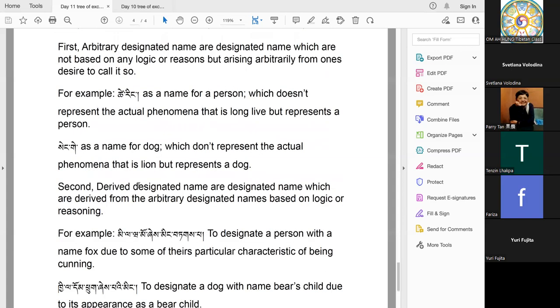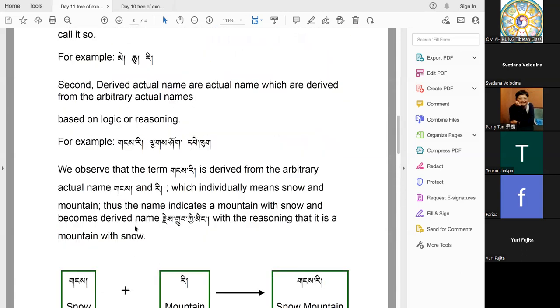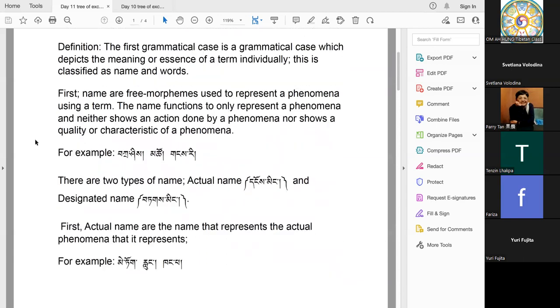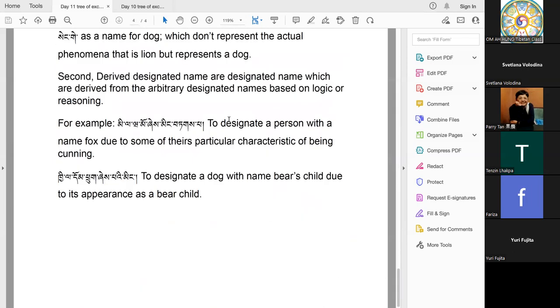Because this is my commitment, this particular definition of the name that you see here: it neither shows an action done by a phenomenon nor shows a quality or characteristic of a phenomenon. This is my prime commitment to the definition of name. So right now, you're asking me a question which seems to be contradicting or violating that definition, right?